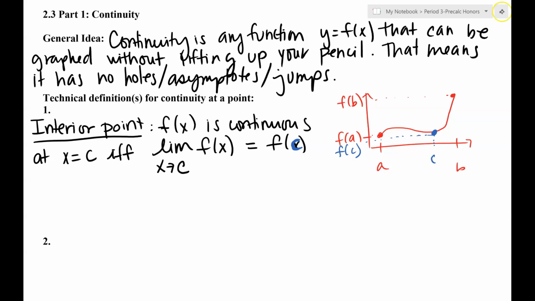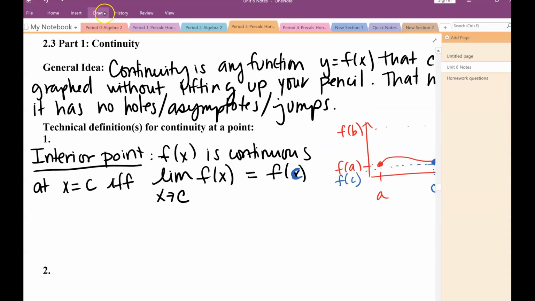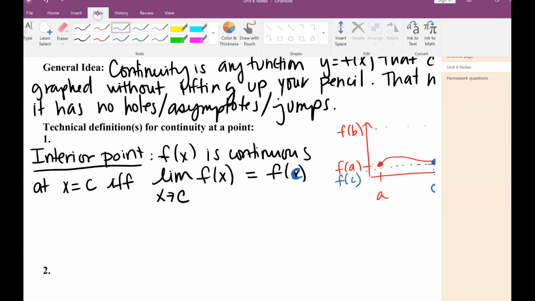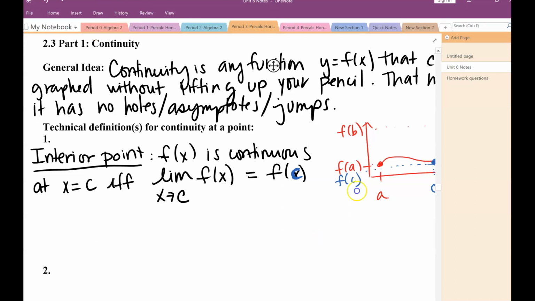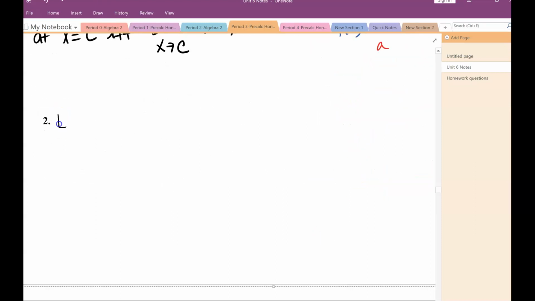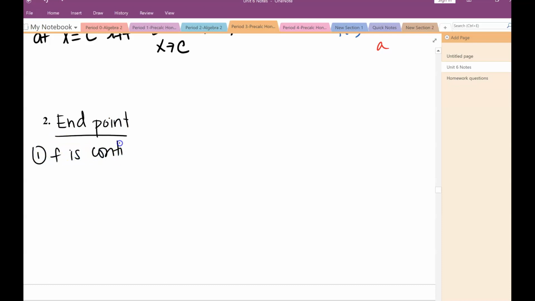You also have exterior points called A and B. Those are the endpoints. You have two of them. The first one: f is continuous at the left endpoint.